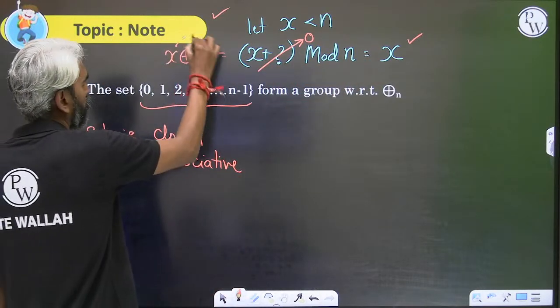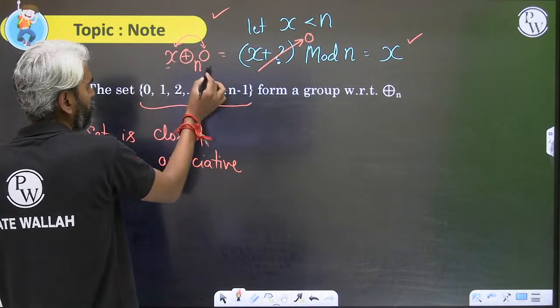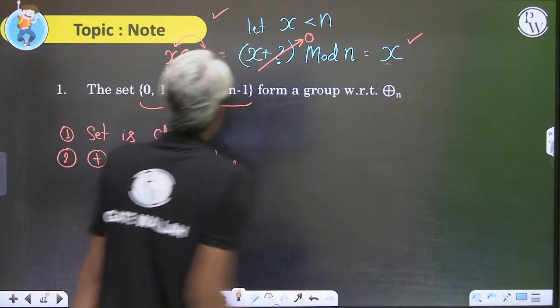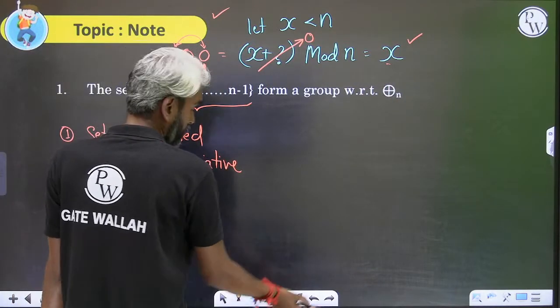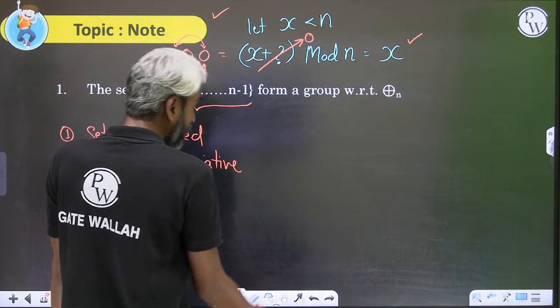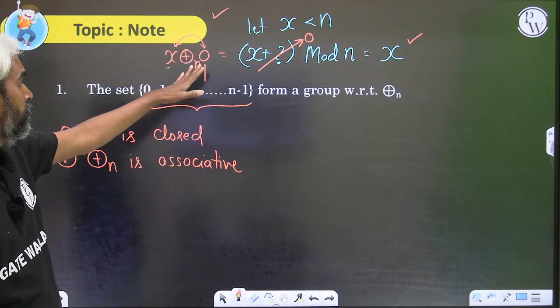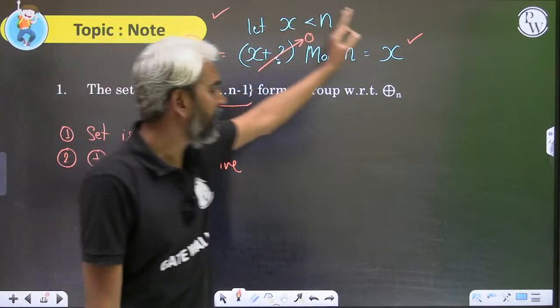So if the operation of any element with a particular element gives that element itself, then we say that the other element is nothing but the identity element. Simple definition of identity element. If we perform the binary operation addition modulo n of 0 with any number x, then the result will remain x itself.